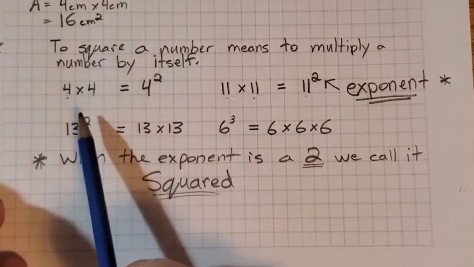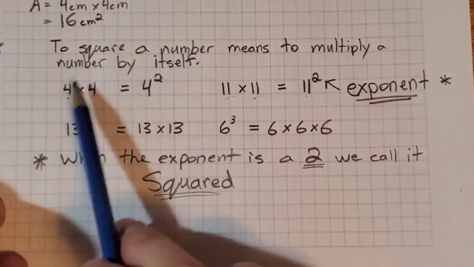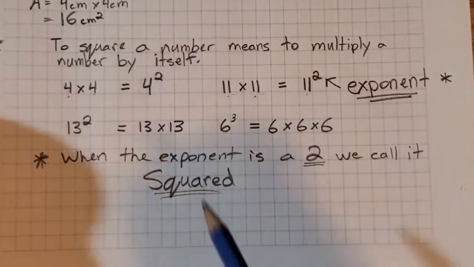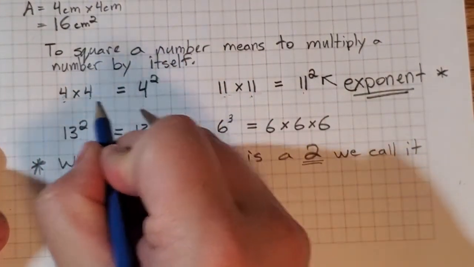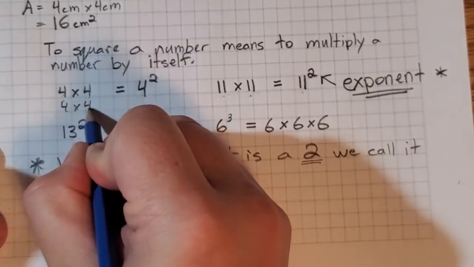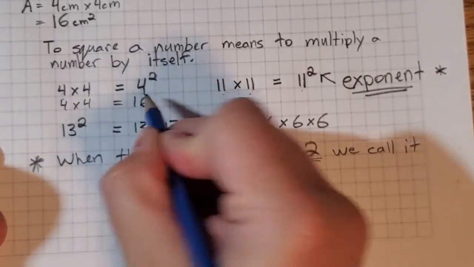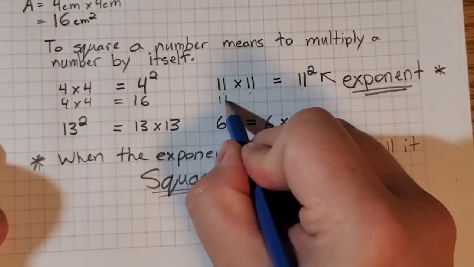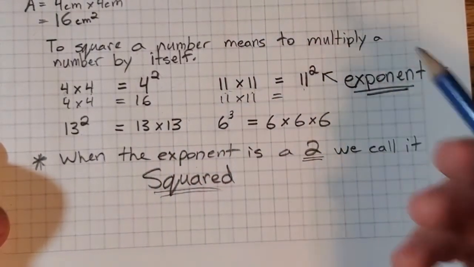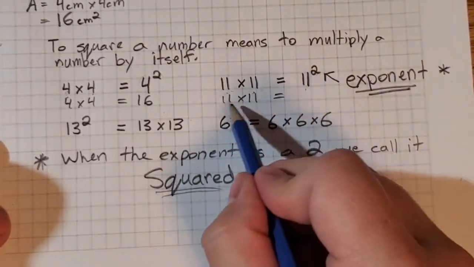Now, I left a little space here. Why? Because we didn't actually calculate the answers for these. So 4 times 4, what does that equal? 4 times 4 equals 16. What did 11 times 11 equal? Here's a trick for the 11's times table.